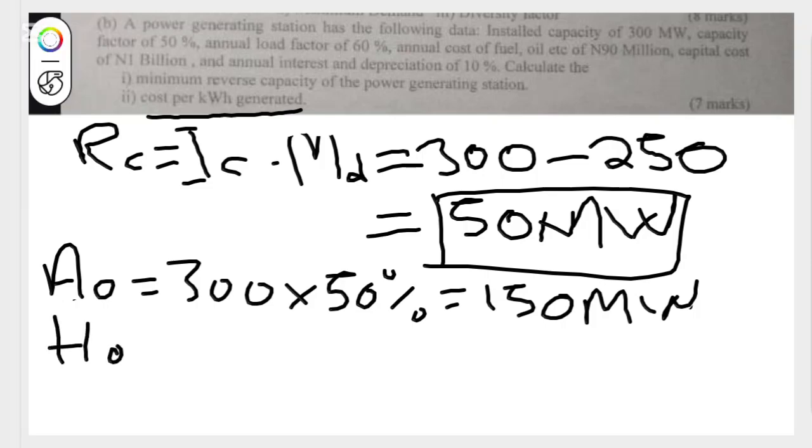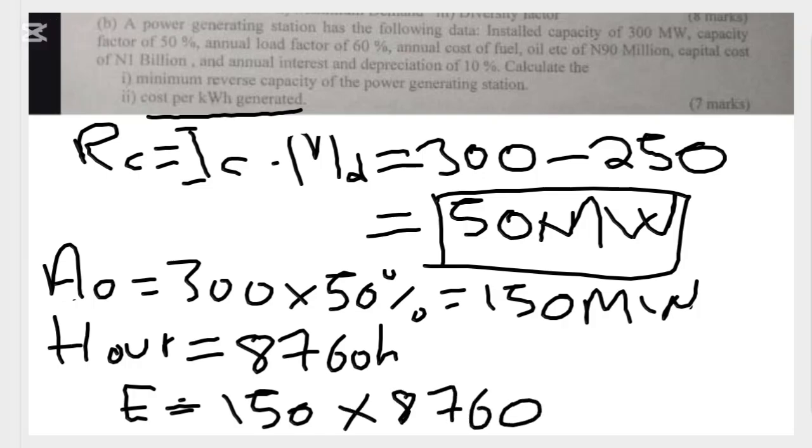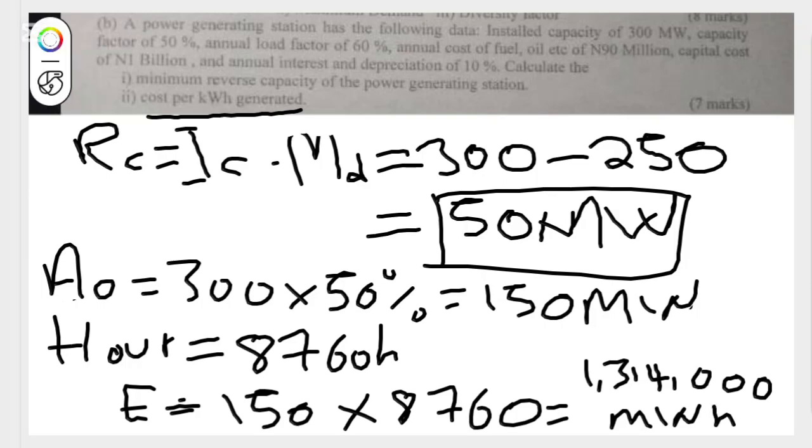Therefore I have to find the hours in a year. Hours in a year is the same thing as 8760 hours. So I have to find the energy. The energy is the average output multiplied by the hours in a year, which is 8760, and it will now be equal to 1,314,000 megawatt hours. I have to convert this to kilowatt hours.